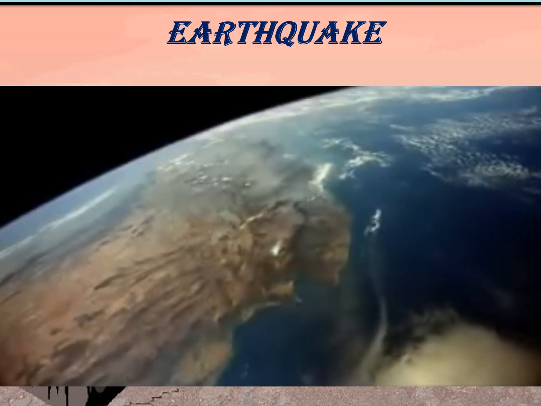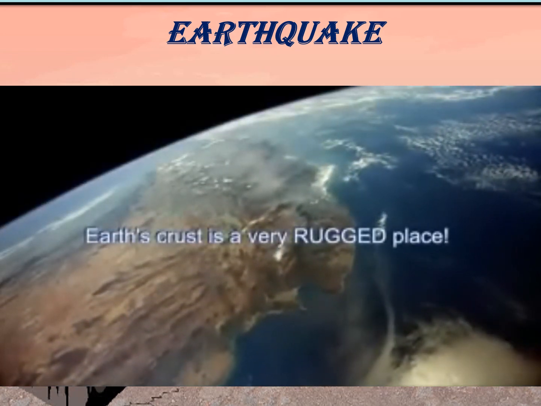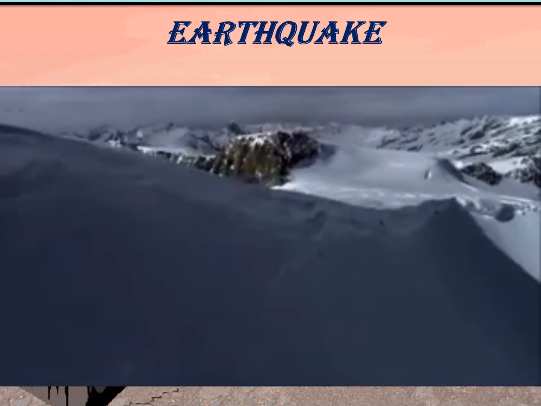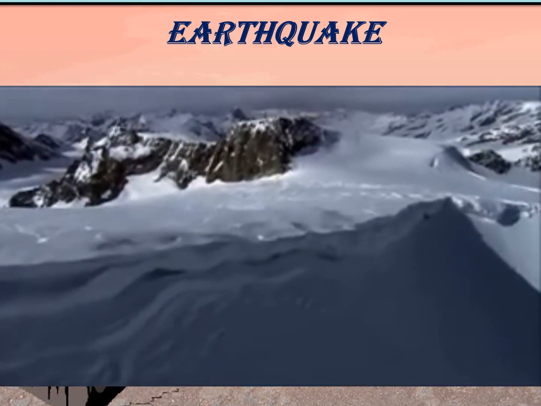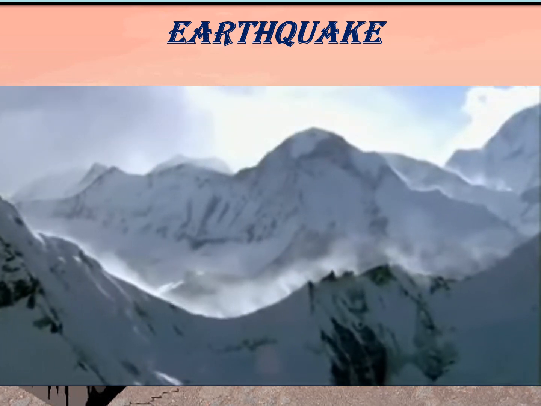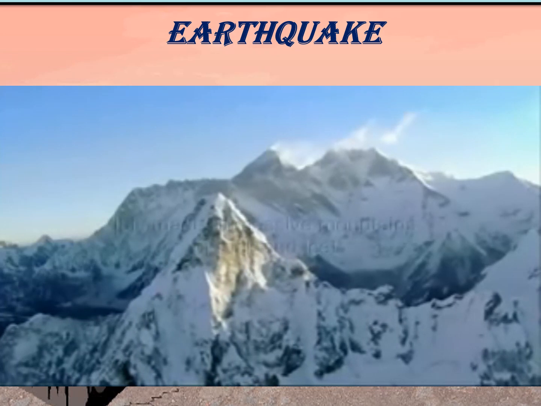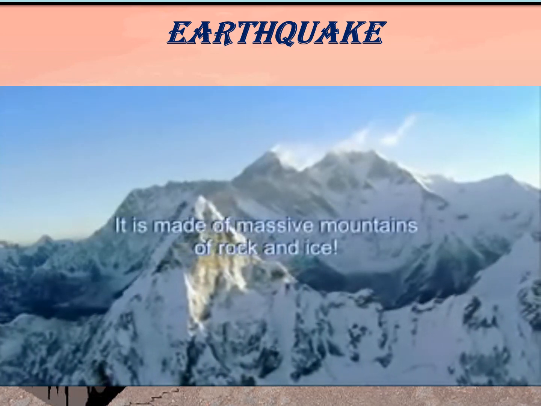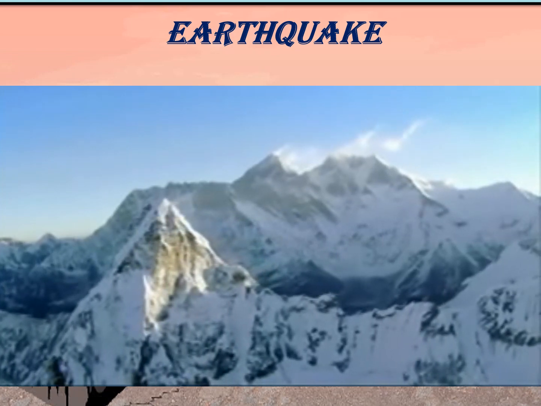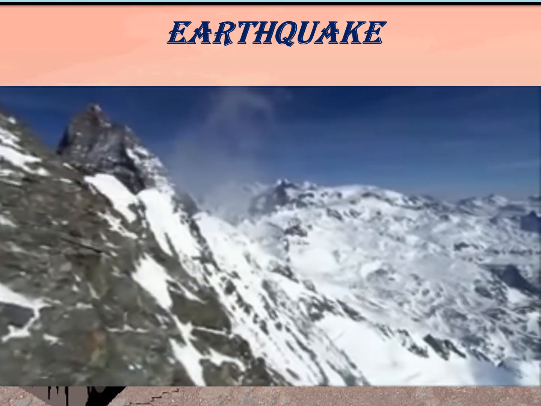Our planet Earth is a unique planet. Our Earth is a very rugged place. Students, here rugged means that it has broken rock and uneven surface. Our Earth is made up of massive mountains of rock and ice.